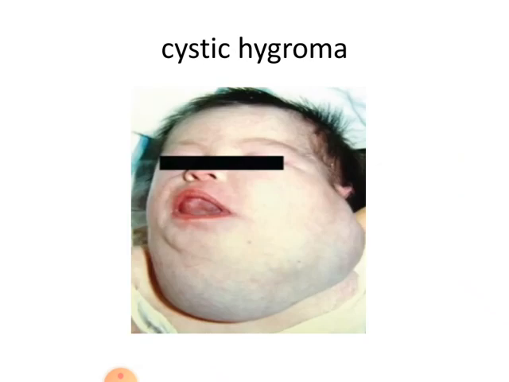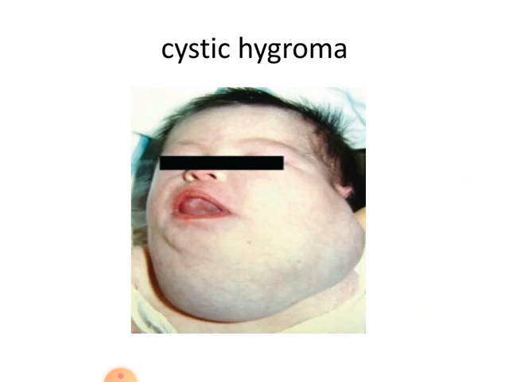Cystic hygroma is a lymphatic malformation which occurs at the neck of the baby. It may cause difficult birth and may need cesarean section for delivery. This is the first presentation of the cystic hygroma, which can be detected intrauterine by 4D ultrasound.